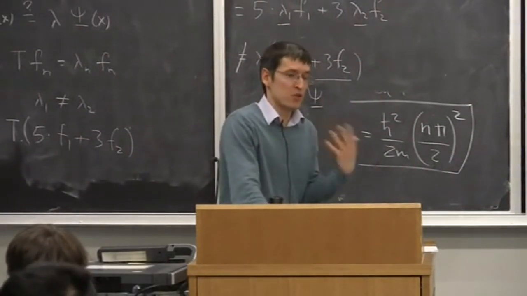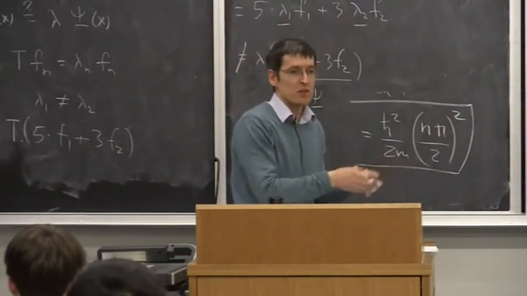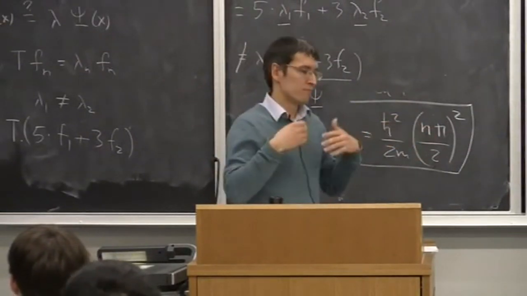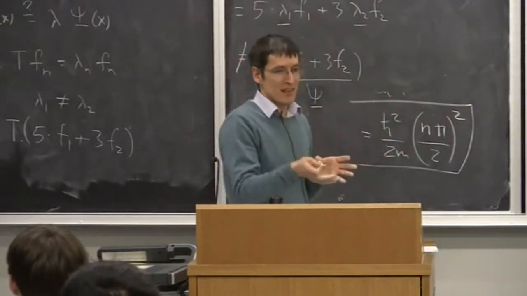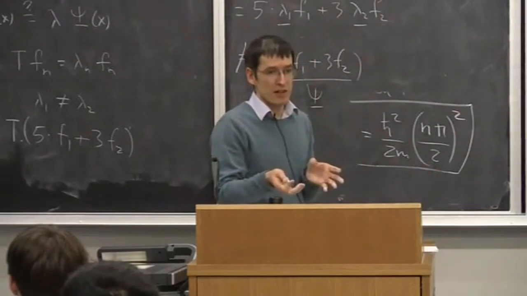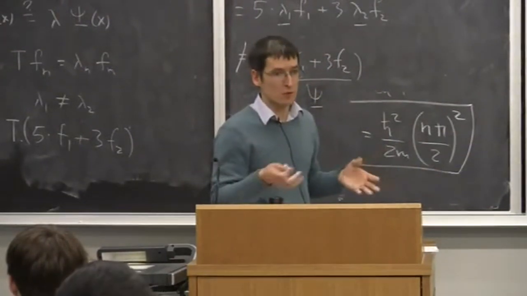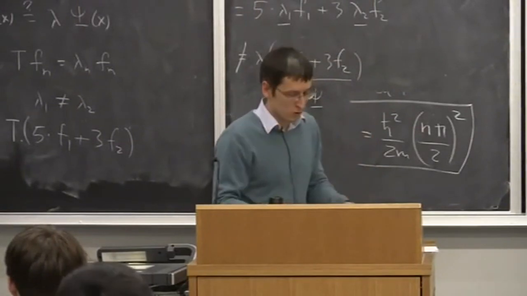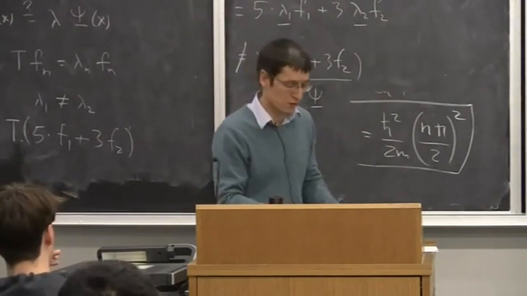It's just multiplication by a number. If you take any random function, the operator can do random things with it. But when the operator acts on its eigenfunction, it only multiplies the eigenfunction by a constant. That's one of the simplest possible actions you can think of. You don't change the shape, you don't differentiate, you don't add another function, you just multiply by a constant.